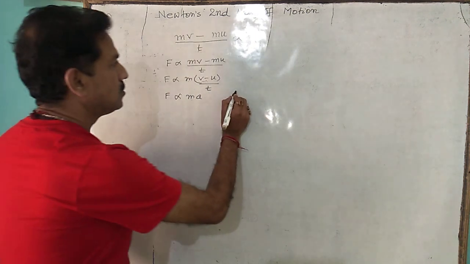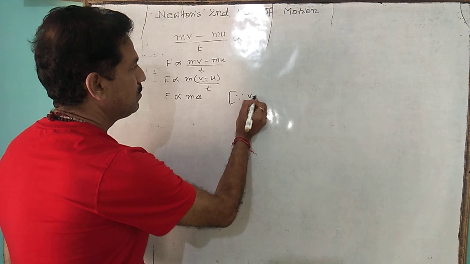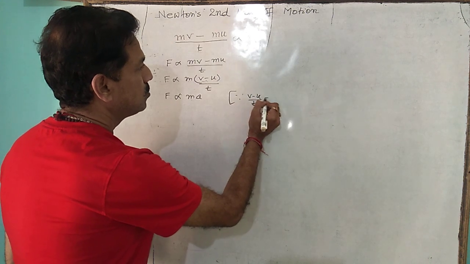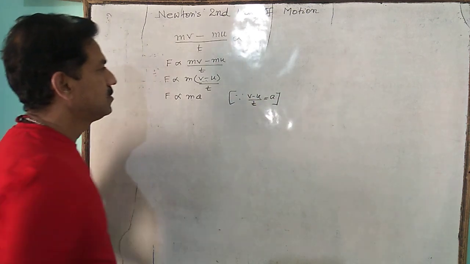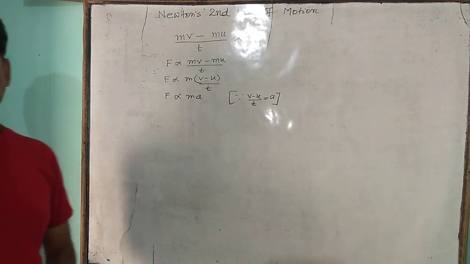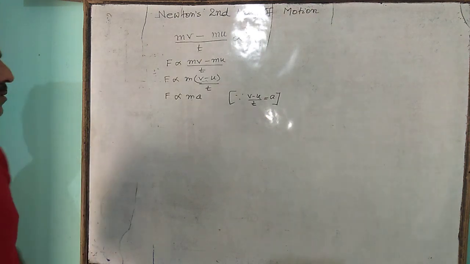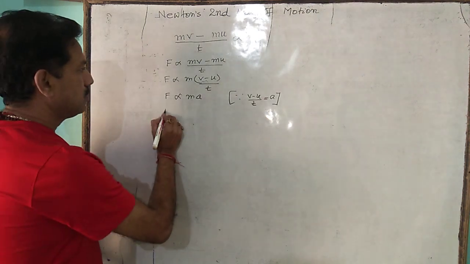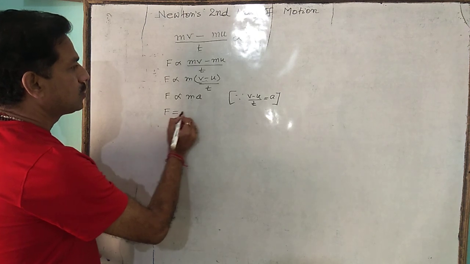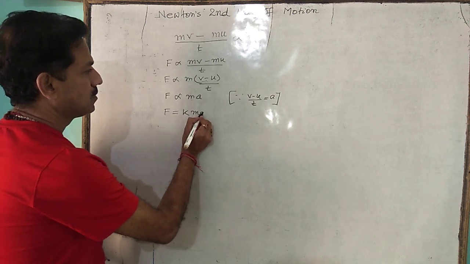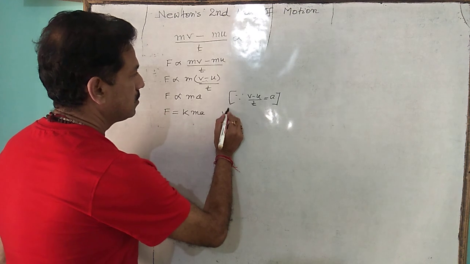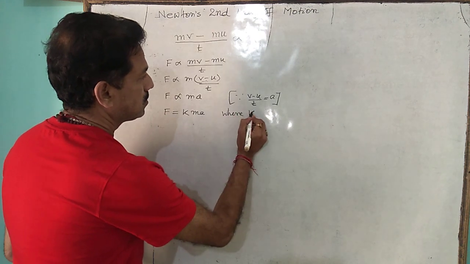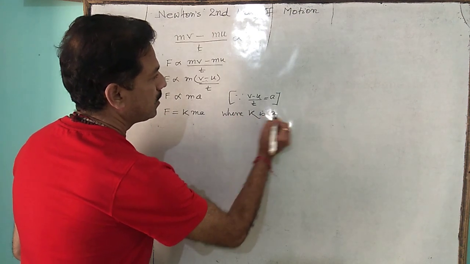As you know, v minus u by t equals a, acceleration. So I can write F proportional to ma, or F equals kma, where k is a constant.